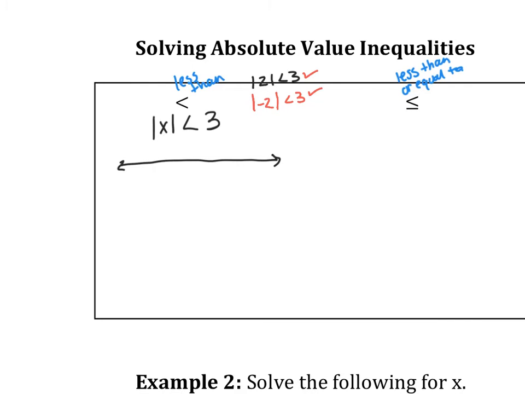And so when we do that, that means we want, if we had our negative 3 and our positive 3, since it's only less than and not or equal to, we'll have open dots. Open since there's no equal to.